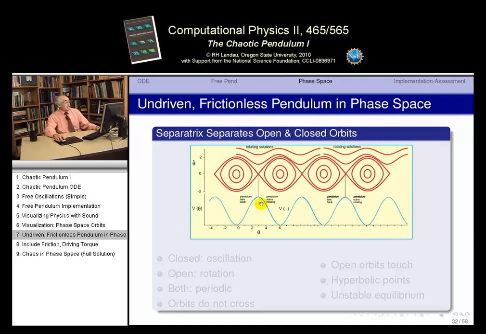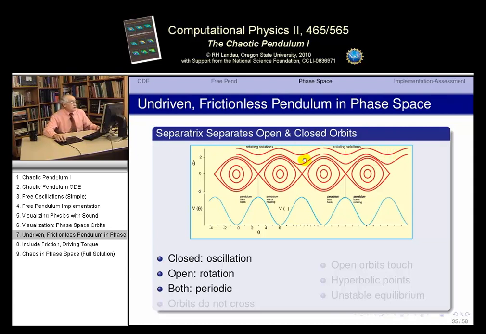So what we see is that if we have small oscillations, we still have closed loops in phase-space plots, and that corresponds to our usual vibratory motion. If the pendulum gets very large, if we have rotations, we go over the top, and then we have what's called running solutions.